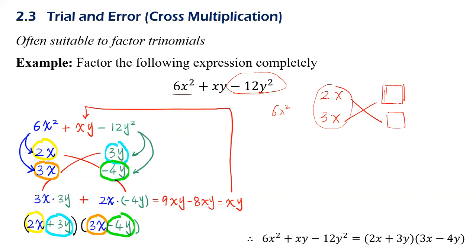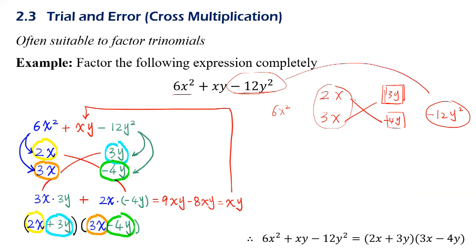So once you are familiar with this, you will have a feel for how to decompose minus 12y squared here. For example, we can factor it into 3y and minus 4y, right? So the product of 3y and minus 4y is minus 12y squared, which is exactly the last term here.